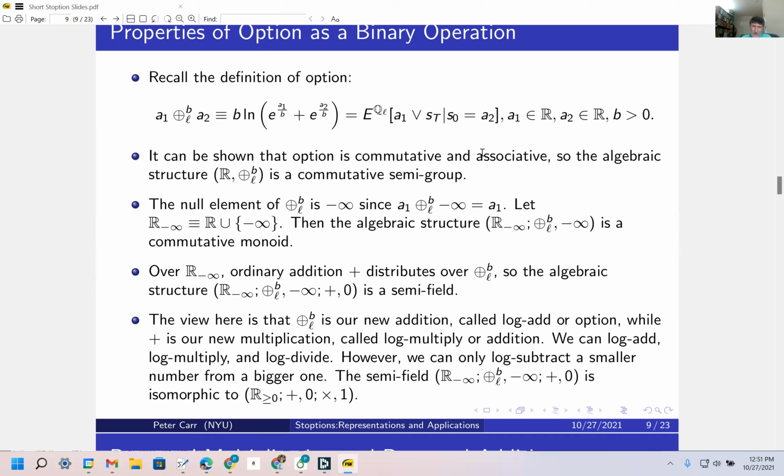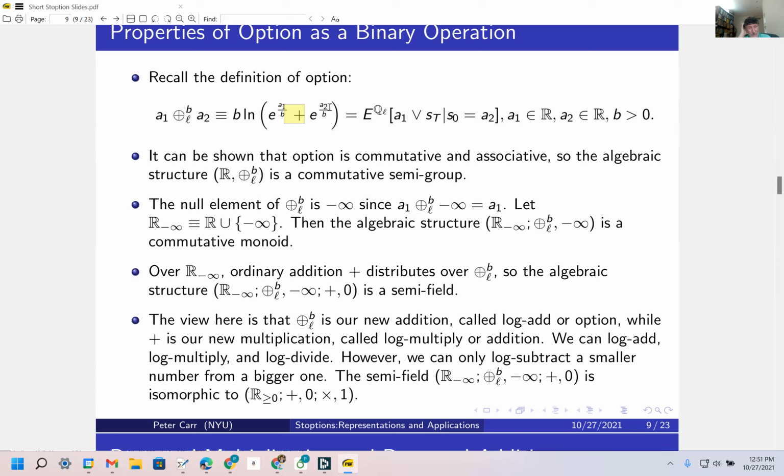Okay, so the binary operation is also associative. So the associativity you can think of as coming from the associativity of ordinary addition. Like if you look up here where I've highlighted the ordinary plus, what we're doing is again, we're starting with numbers A1 and A2, which are real, mapping them to a pair of positive reals via the exponential function, then adding those positive reals.